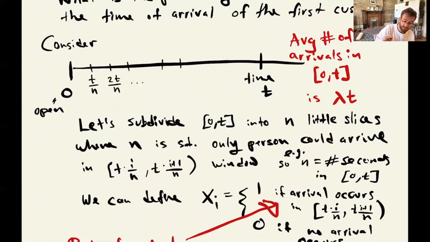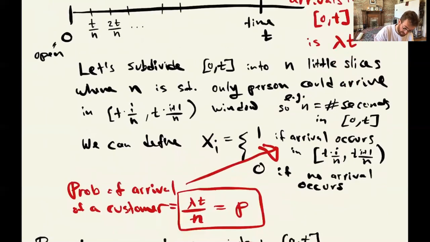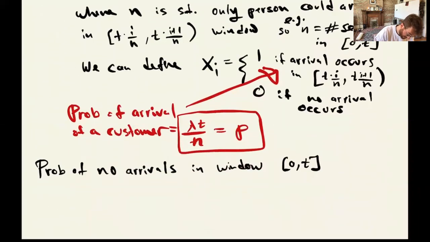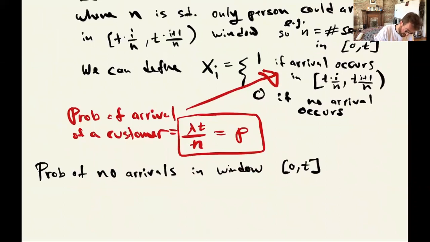The idea being that if you fix some unit of time, let's say an hour, then this is just going to be equal to lambda. So I'm just going to double check that value actually works out. Anyhow, let's continue.